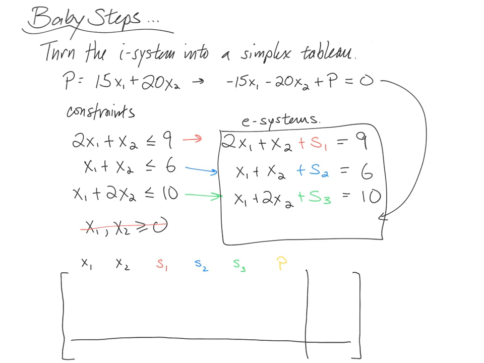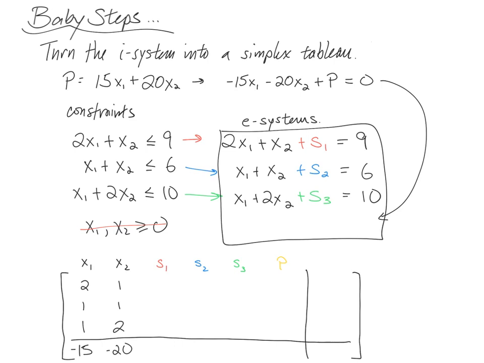So I know for x sub 1, I will have 2, 1, 1, and then the objective function underneath this line, the x sub 1 coefficient, is negative 15. The x sub 2 column would look something like this, 1, 1, 2, and the objective function coefficient for x sub 2 is negative 20.